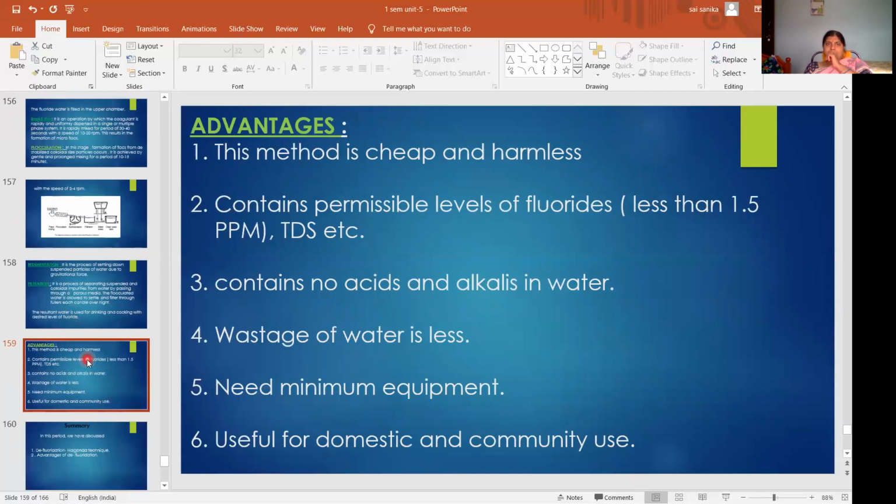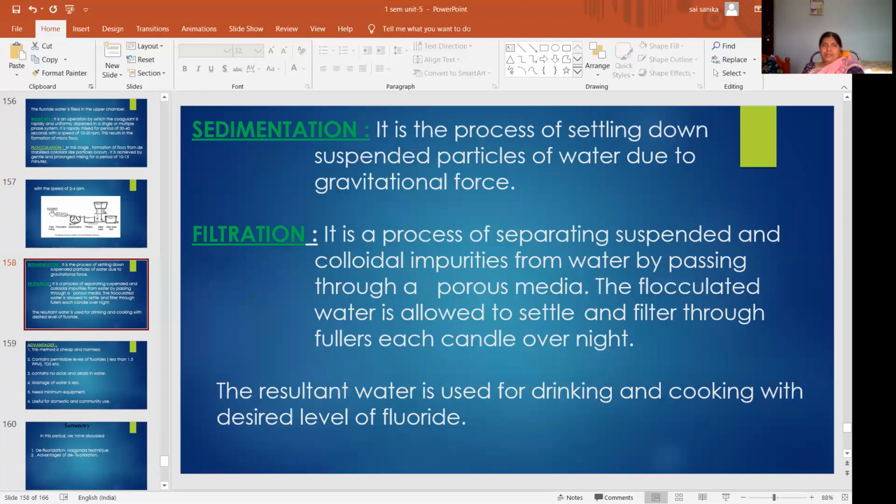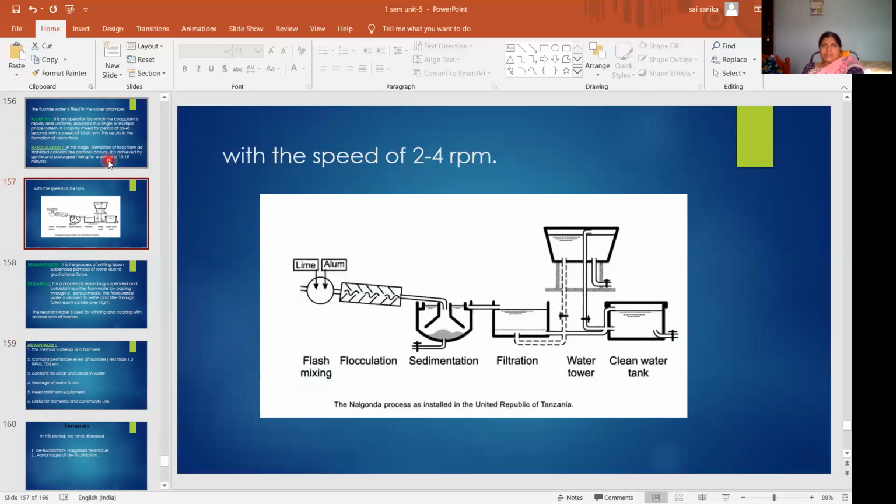So this is about defluoridation or the Nalgonda technique. To see here, we are adding lime, alum, and bleaching powder. All these are added, and we are doing a rapid mix.